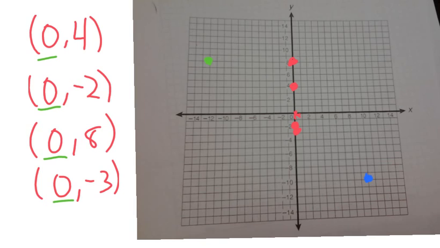So what if I said to you, where's this new red point? And you'd say, oh, that's on the x-axis. So when it asks you what quadrant something is located in, some things are not in quadrants, it's okay to say on the x-axis or on the y-axis.